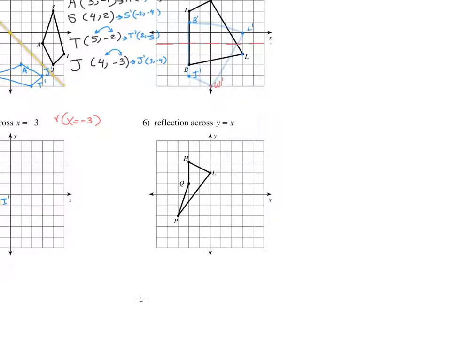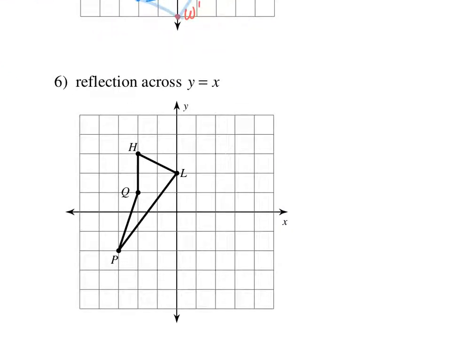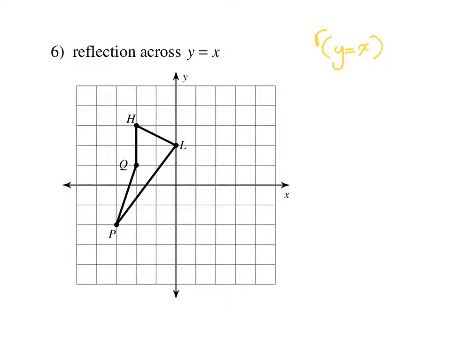Now let's do number 6. So the reflection is across y equals x. So reflection, and in parentheses y equals x. And those are going to be the points. So let's go ahead and continue.